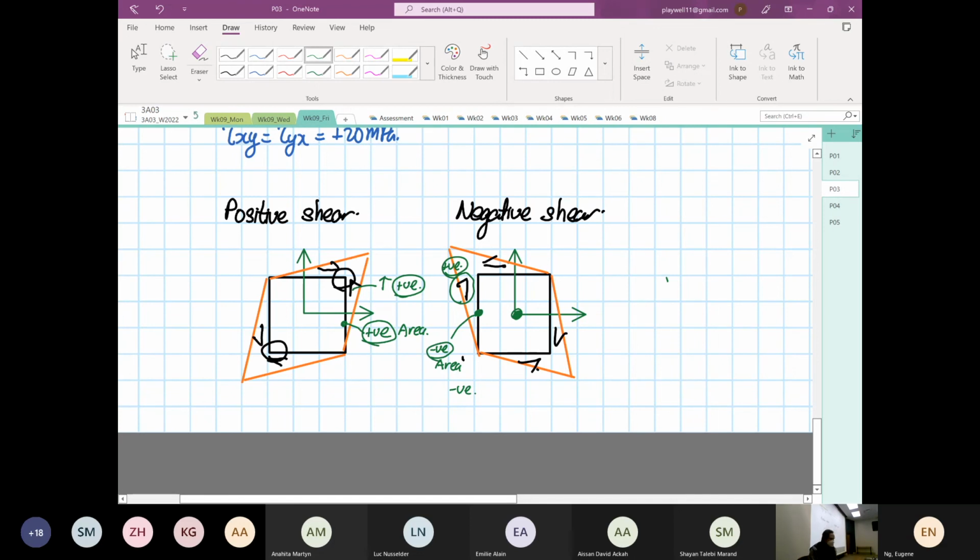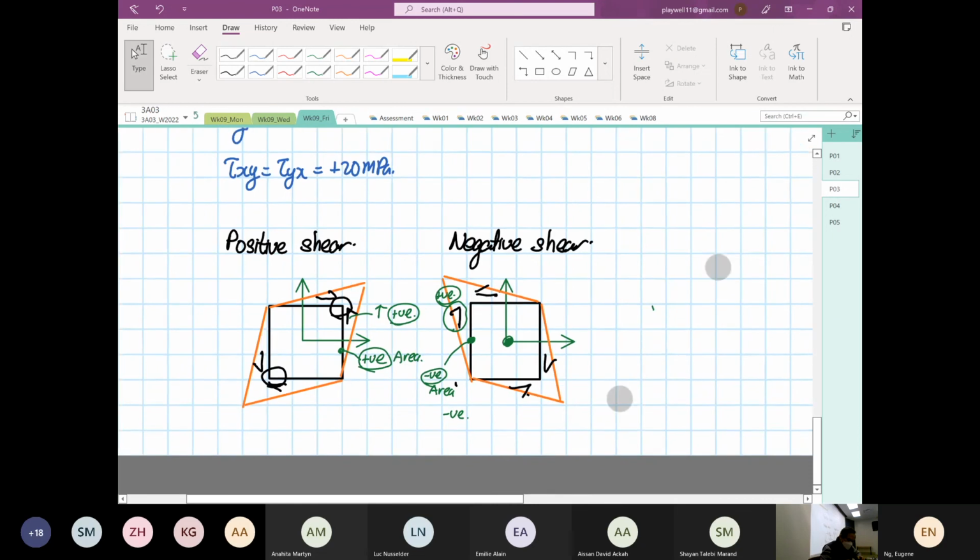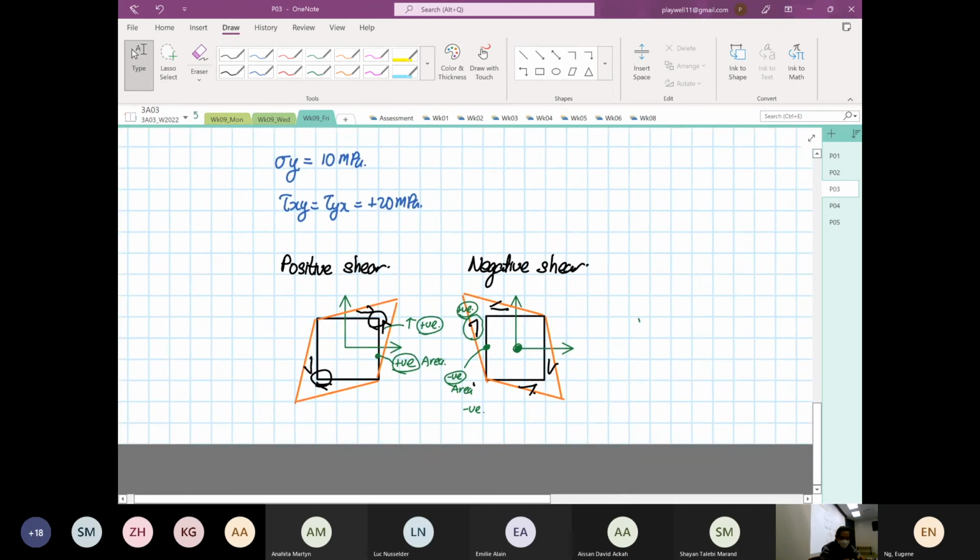That's why it's called negative shear. Now we are clear what is positive shear and what is negative shear. Now we are going to construct Mohr circle. Any questions, either online or face to face?